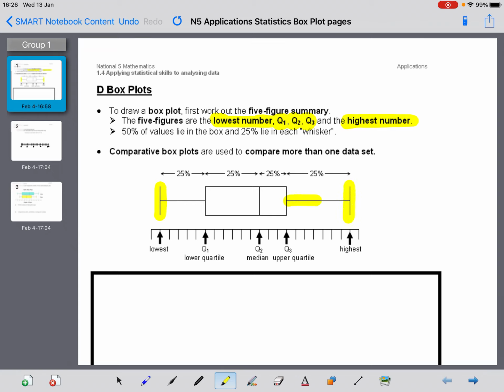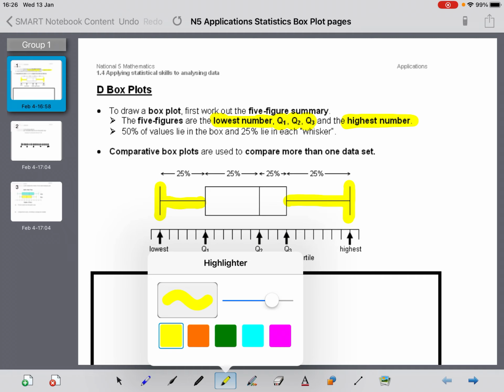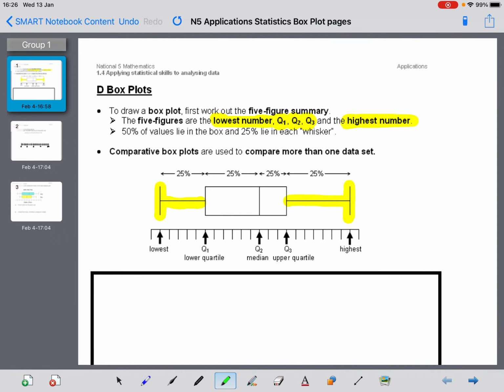These bits are called the whiskers, and you've got the box section in the middle. The bottom part of the box is the lower quartile, the median, and your upper quartile goes there, and then we just join it up like that. So you draw it with a ruler.